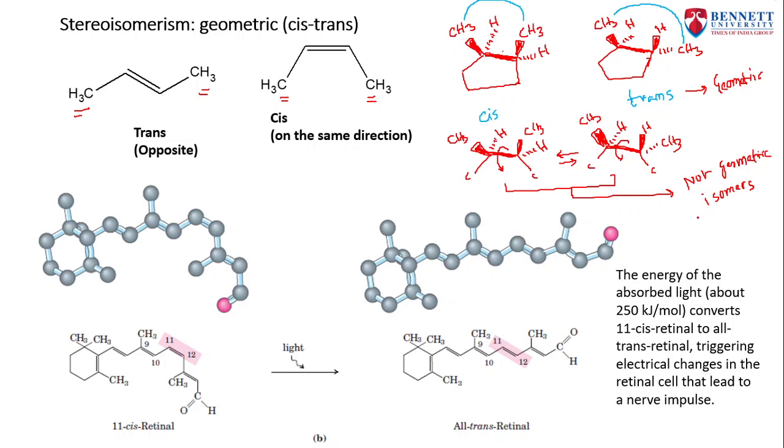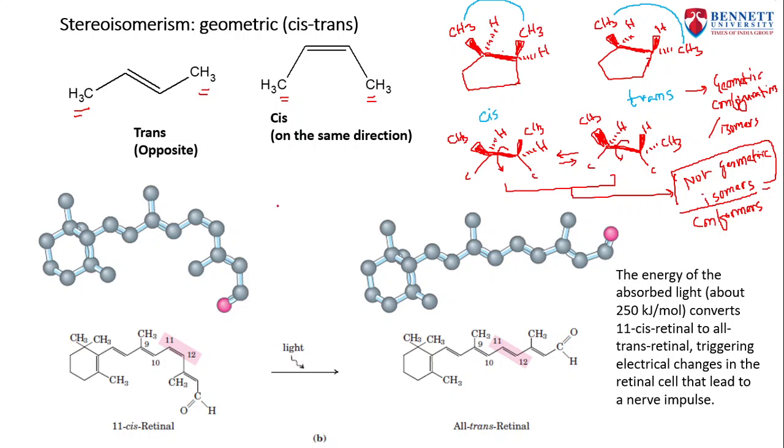Okay, so these are conformers, but these are not cis-trans isomers. You can say these are not configuration. So these are cis and trans configuration, geometric configuration, or isomers. But these are not geometric isomers or configurations. So I hope I made the differences clear enough.